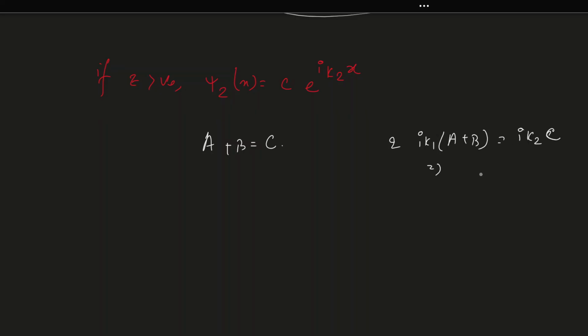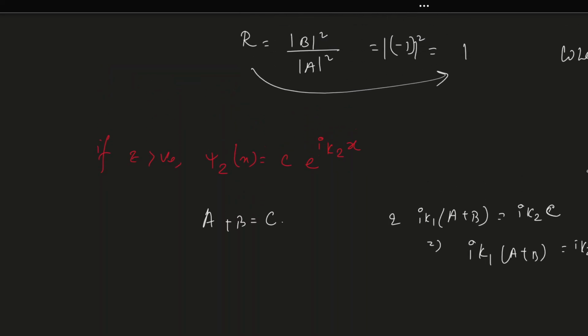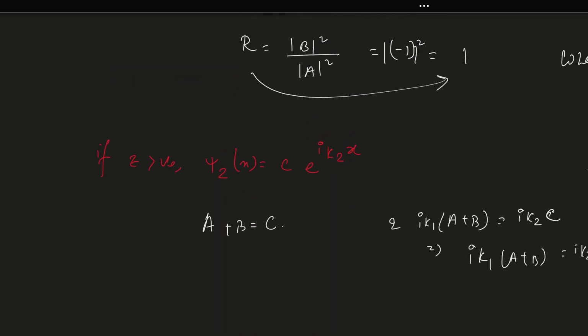So from there you will get i k1 A plus B equal to i k2 C e to the power of i k2 x.